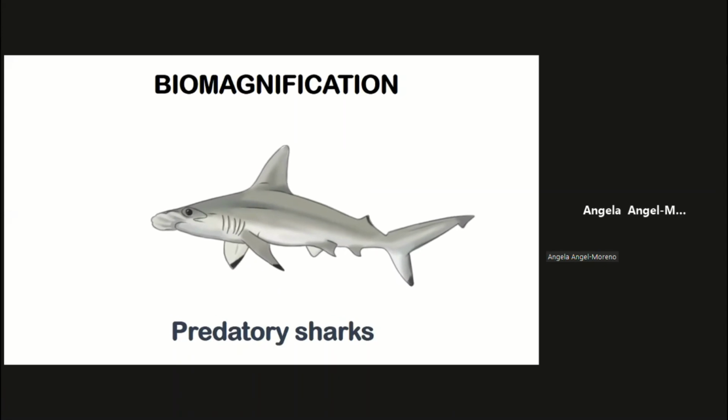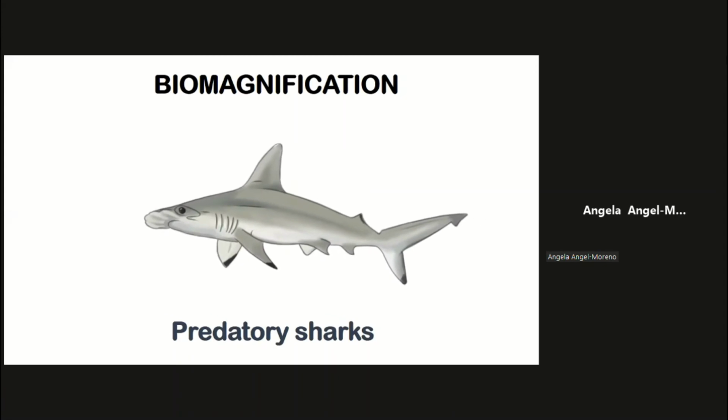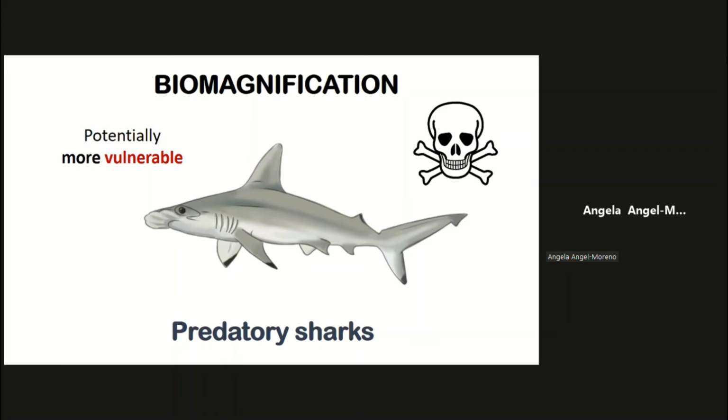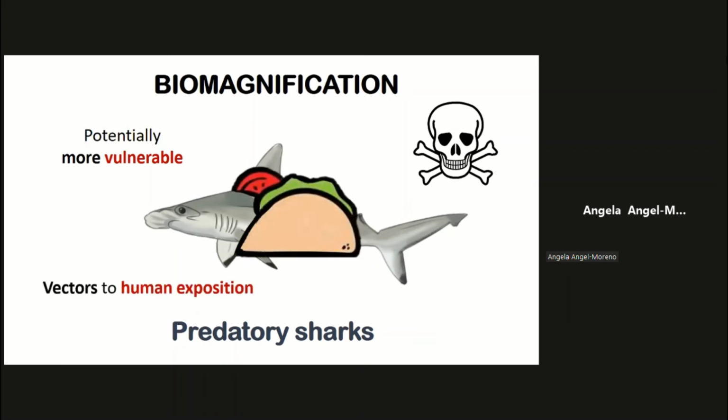In addition, these contaminants tend to biomagnify. That means they increase in concentration with each level of the food web. So marine apex predators such as many sharks tend to accumulate higher concentrations than lower trophic levels. This makes sharks potentially more vulnerable to their toxic effects, and because many shark species are exploited in fisheries for consumption, they are vectors of contaminants to humans.